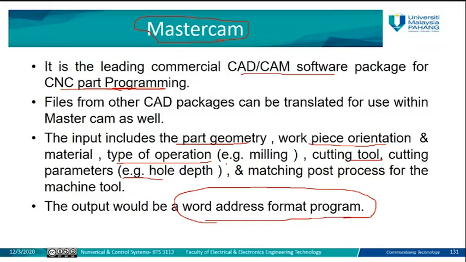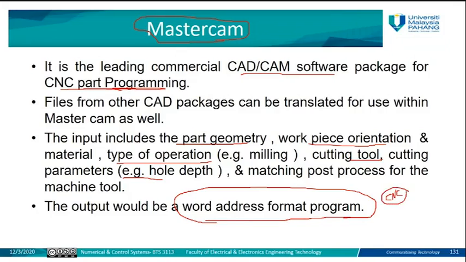At the end, you can see the output of either manual part programming, computer-assisted programming, or CAD/CAM programming: the code that we send to the machine is the same. It is G code and M code, which the CNC machine works on.